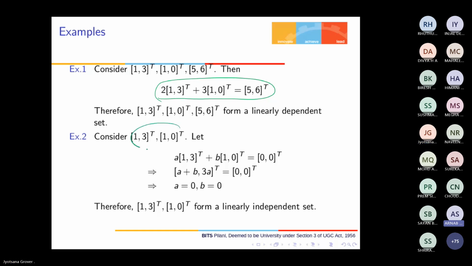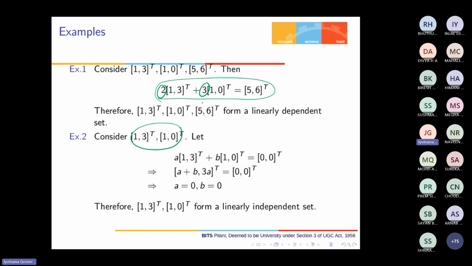So just one thing. In the first example, the coefficients 2 and 3 need not be 2 and 3.